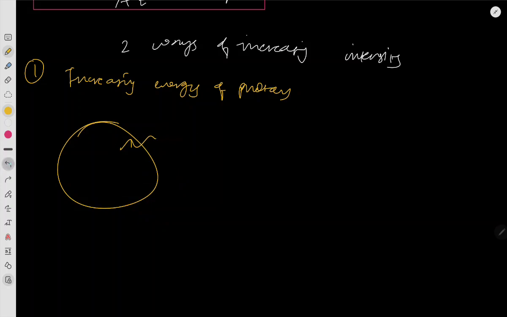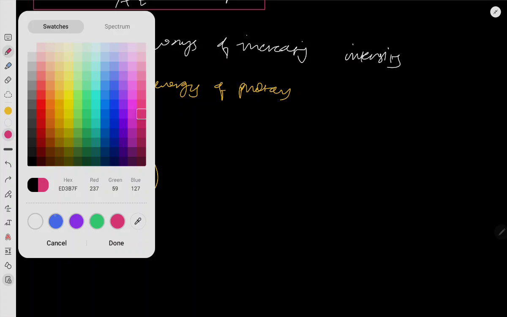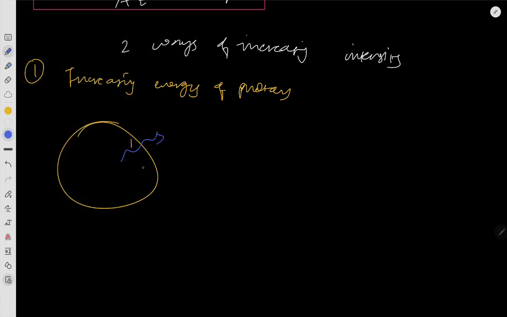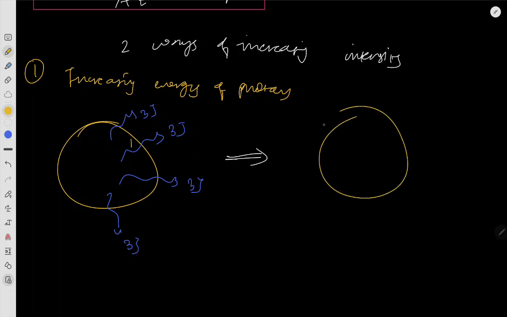Now to increase the intensity, we increase the energy, and now this particular bulb is giving out photons of 5 joules.